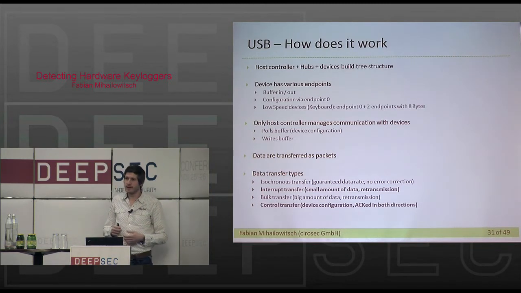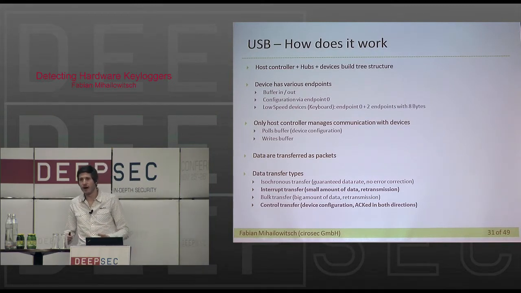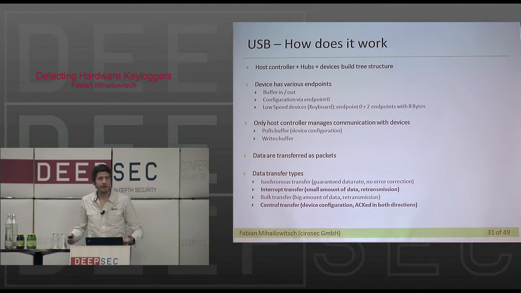And each device has an endpoint 0, which is used to set and to get the device configuration and just configure it. Interesting for us are especially low-speed devices, since USB keyboards are normally USB low-speed devices, and there you have the endpoint 0 to configure it, and you have 2 endpoints with 8 bytes.